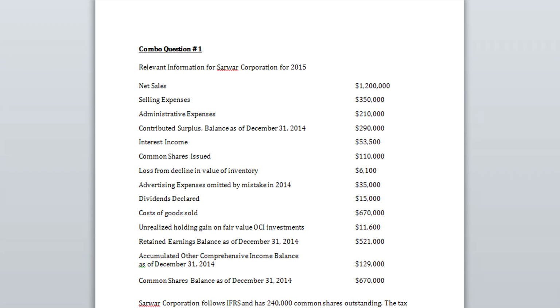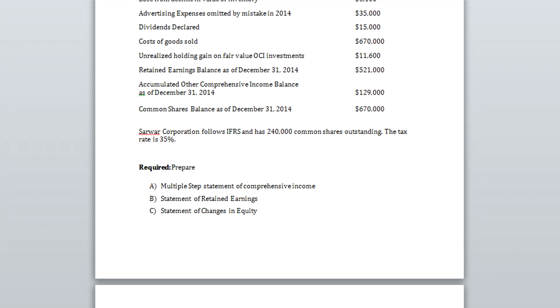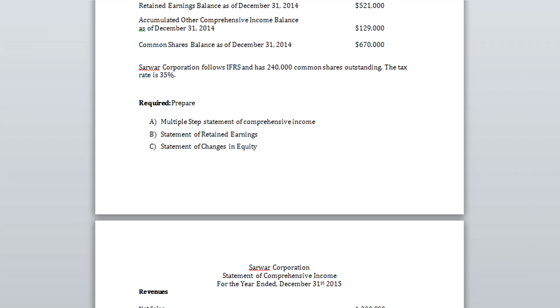So these would be things like our selling expense and our admin expenses. And then our non-operating expenses, things like a loss from decline in value of inventory. This would be included later on in the statement in the other expenses and losses section. So for expenses, all we need is our selling expense and admin expense.